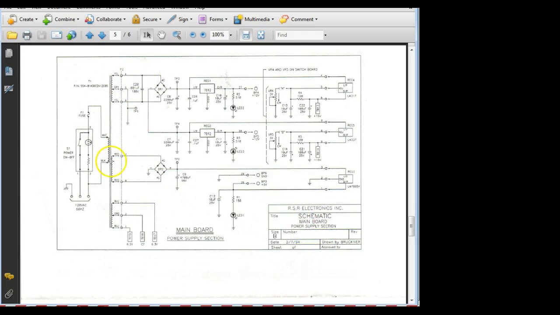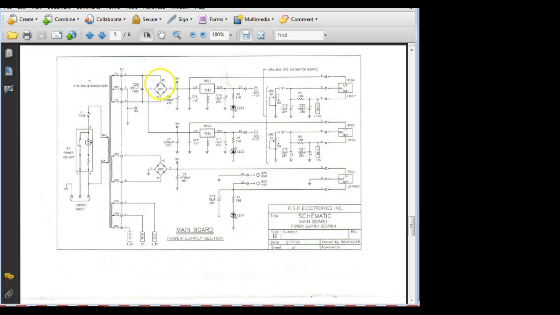So that transformer is a multi-tap transformer. Two of them are center tap. This one right here is not center tap. But notice what they do with this center tap right here. They take it to ground. See that?